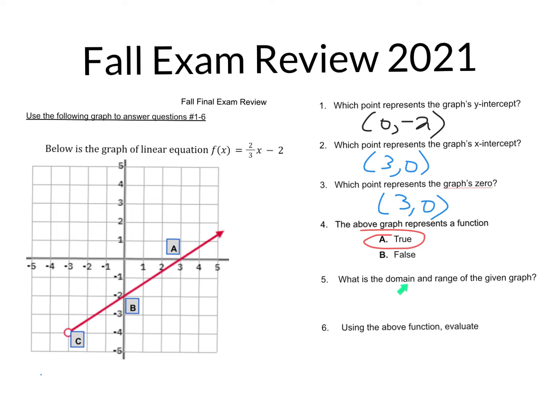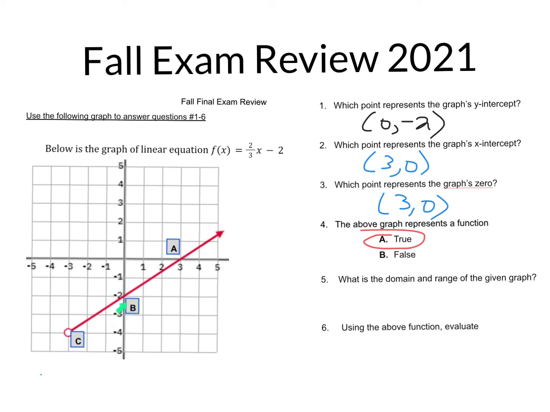All right, and then what is the domain and range of the given graph? Okay, the domain is all of the x values. So the domain is all of the values that horizontally are on the x-axis. So you can see here it starts at -3. And then it continues going to the right, and it'll go forever because of this arrow right here.